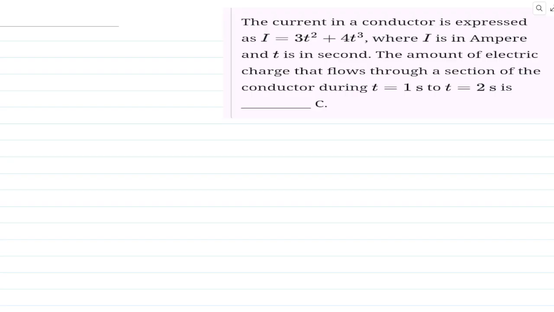Now we have to try the next such type of question. The current in a conductor is expressed as a function of time. The value of current is I equal to 3t square plus 4t cube, where I is in ampere and t is in second.